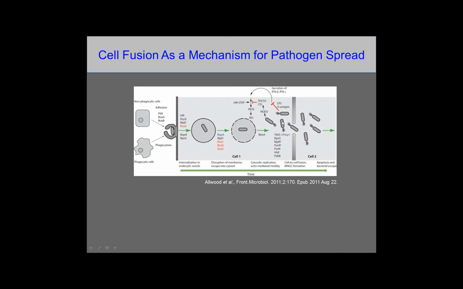But what's most important for today's presentation is the fact that these pathogens can actively promote cell-to-cell fusion of infected cells. So the goal of our analysis is to identify the product of cell fusion, which are usually referred to as multinucleated giant cells, or in short, MNGC.